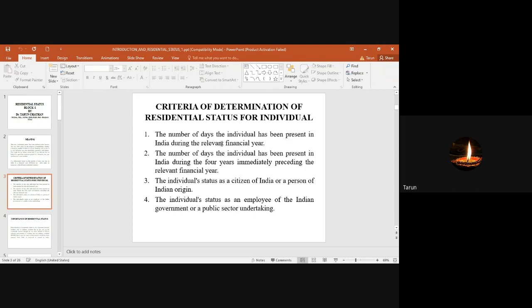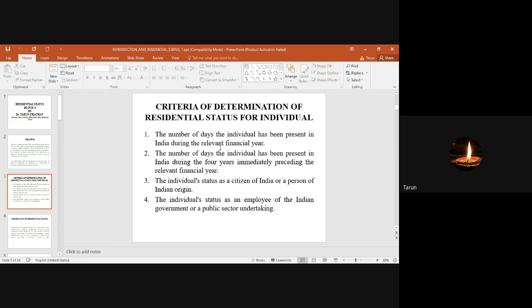For example, if the previous year is 2022 to 23, the preceding 4 years are 2018 to 19, 2019 to 20, 2020 to 21, and 2021 to 22.